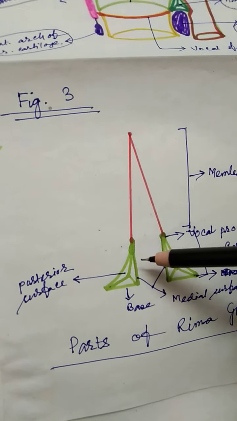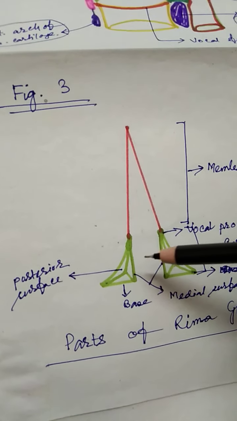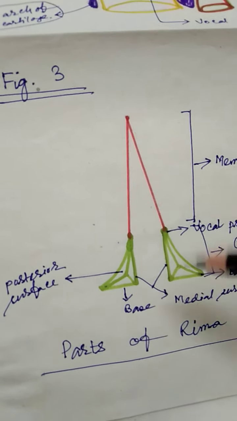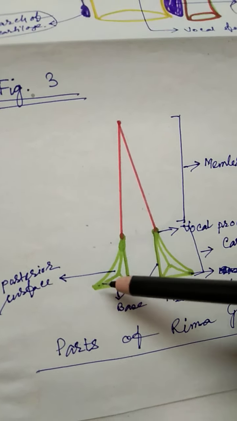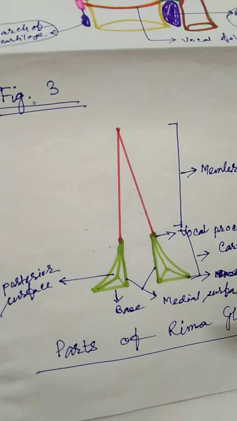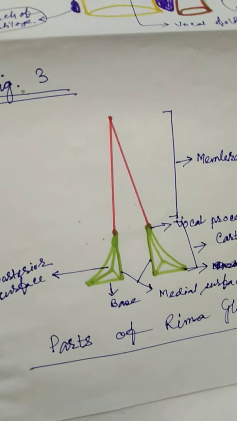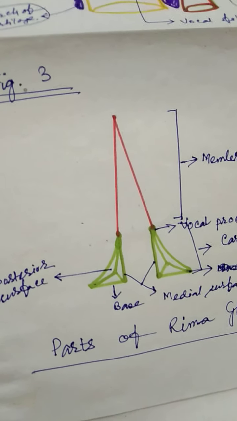This is required to produce the whispering voice. So lateral cricoarytenoid, number one. Whispering sound is produced by which muscle of the larynx? It is the lateral cricoarytenoid.